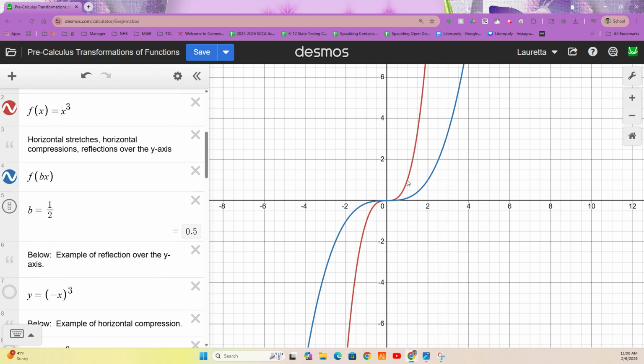So on our parent function, there's the point 1, 1. On our transformed function that has the horizontal stretch, we have the point 2, 1. 1 times 2 is 2.